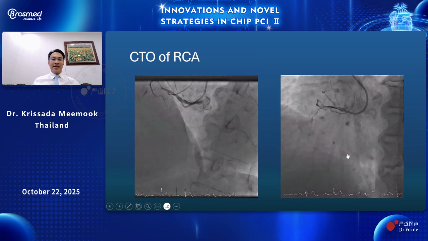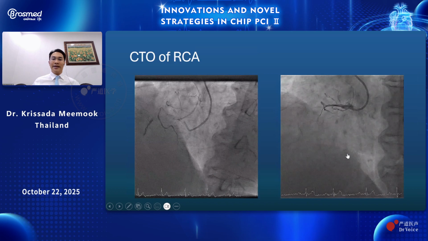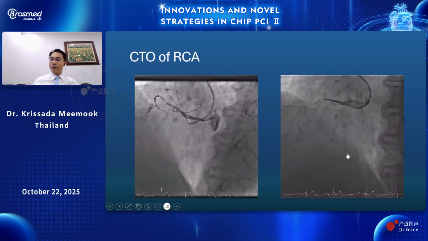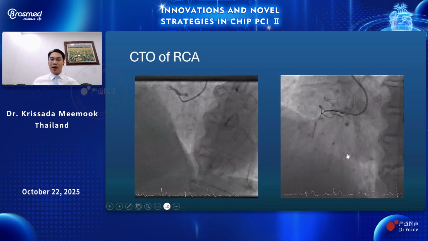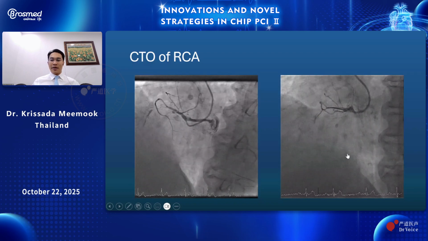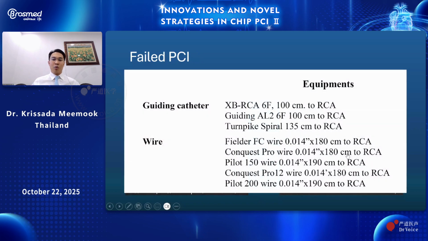On the RCA, you can appreciate the total occlusion of the mid part of the RCA. At that time, we tried to open the CTO. After trying for an hour, the operator stopped the procedure because they could not pass the wire to the distal RCA.